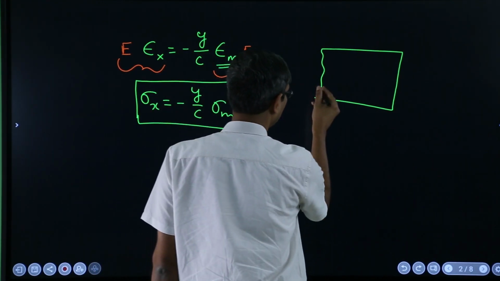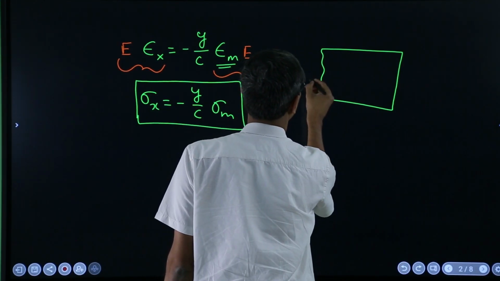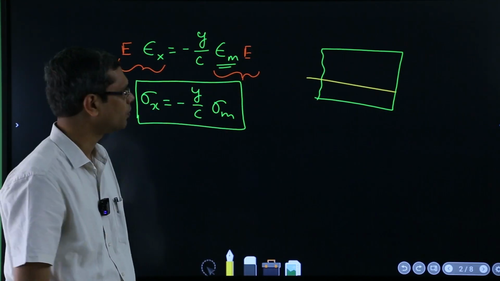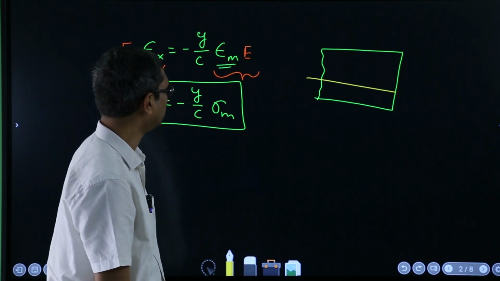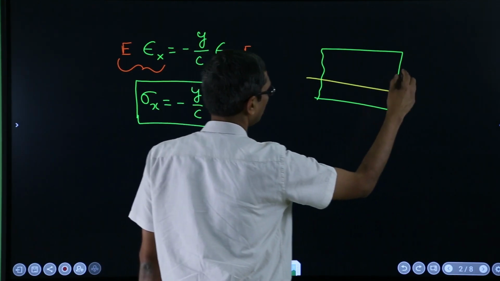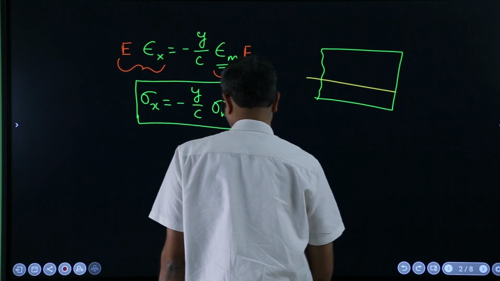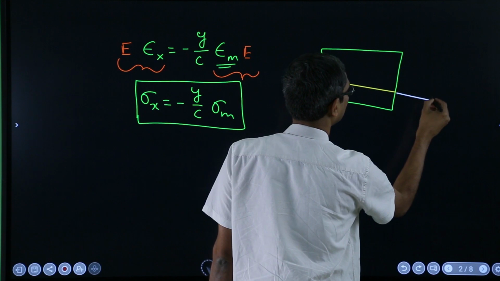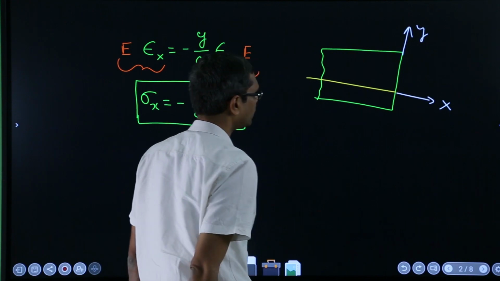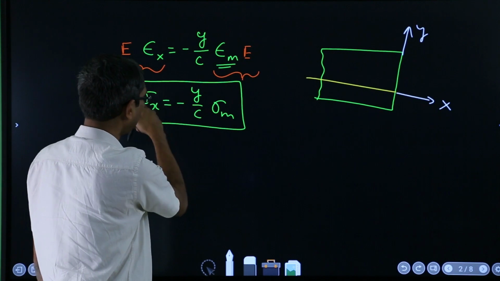Suppose this is the neutral axis at which there is no strain whatsoever, neither compressive nor tensile. Suppose here the maximum stress is happening, and we define our axes like so: this is the positive x axis, this is the y axis, and z is coming out. If you see this, it is telling that at y equal to 0, sigma x is 0.